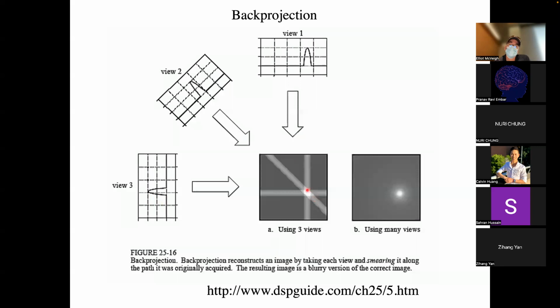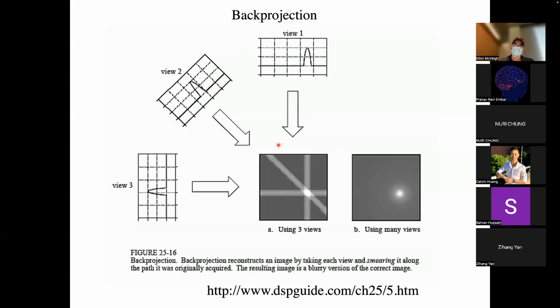Well, I've localized something here, of a specific width, at a pretty good location. But obviously this image is not the object, because these streaks are there, and they aren't part of the original object. There's some artifact of the fact we've taken too few views and done this simple back projection.